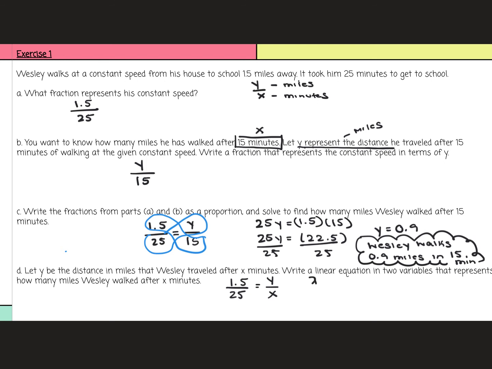I have 25y is equal to 1.5x. Divide both sides by 25, and we get the equation y equals 1.5 over 25x. So regardless of what amount of time is given to us, based on this equation, we can determine how many miles he walked, the y.